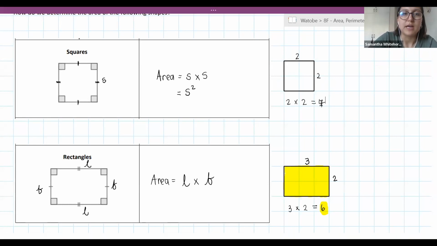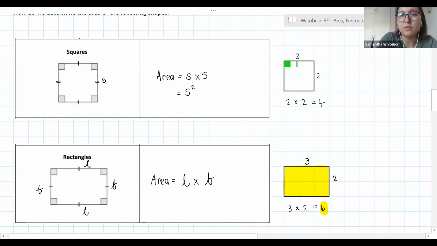And if I look at how much space the square occupies, I can see that it occupies 4 unit blocks. And so that means my area is 4 units squared. We'll get to the units in a second, but that is essentially why we work with this area formula.